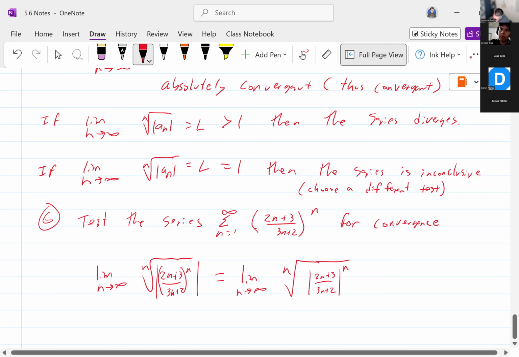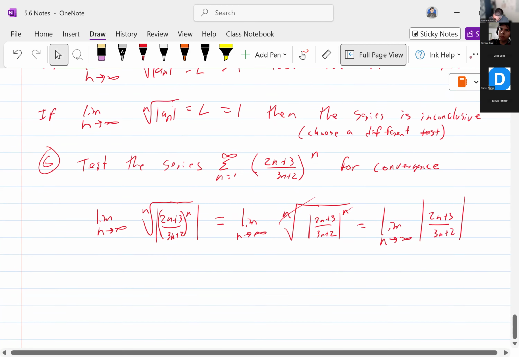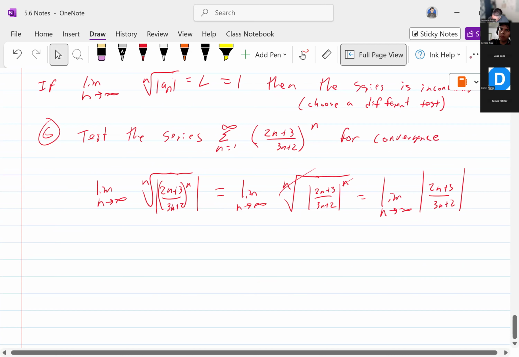Now these are going to cancel each other out, and I'm just left with the limit as n goes to infinity of the absolute value of 2n plus 3 over 3n plus 2. If I use L'Hopital's rule on that, I get the limit as n goes to infinity of 2 over 3, which is equal to 2/3, which is less than 1.